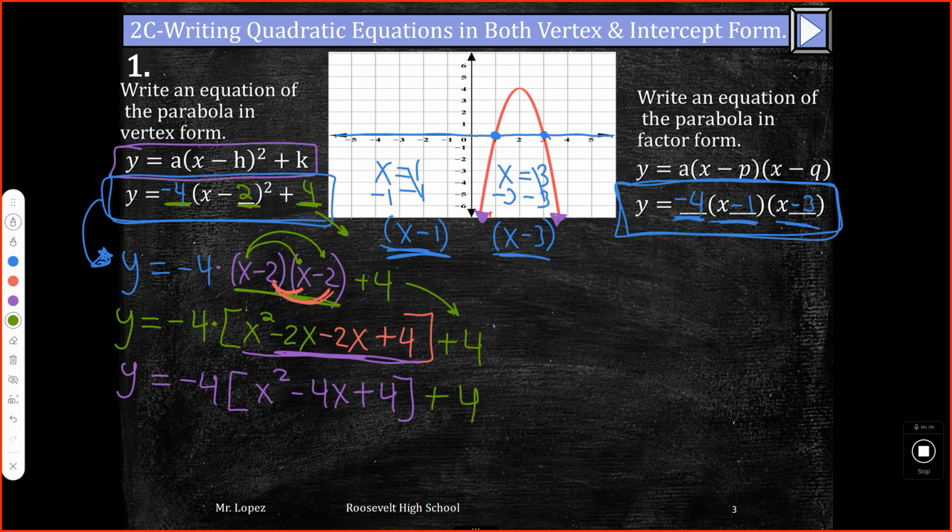Then we're going to distribute this -4 to the inside of the brackets. So this is going to be y equals -4x squared for the first one. Negative times a negative, we're multiplying, is positive 16x. And -4 times 4 is negative 16. And bring down the +4.